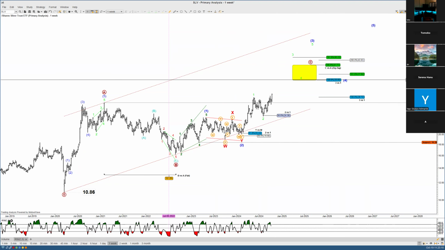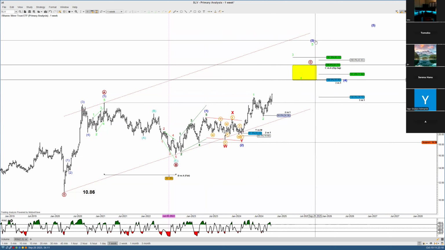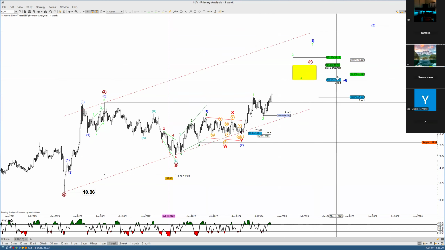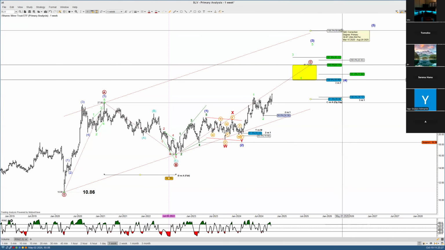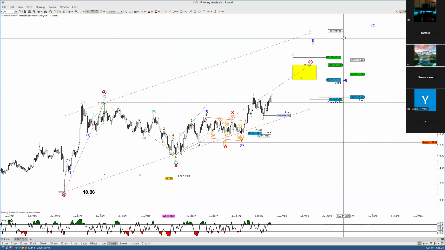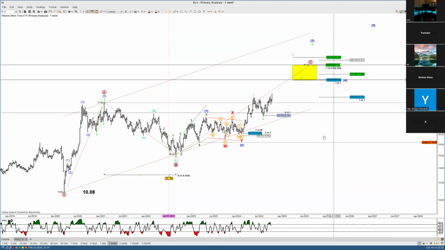Those are the only two alerts that I would set for now. If it gets there, then we'll see how this thing is looking. And then from there, I can always open the 61.8. There's plenty of fibs. I can always make some more room.